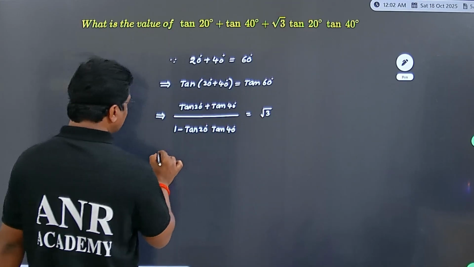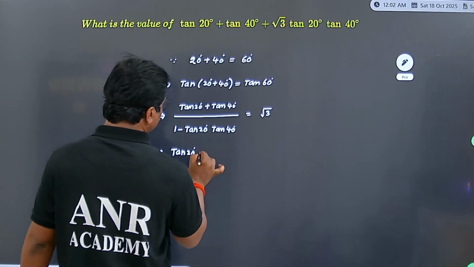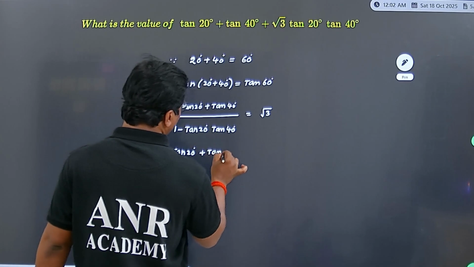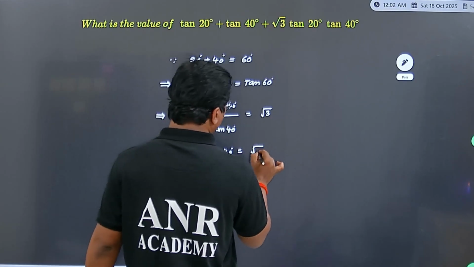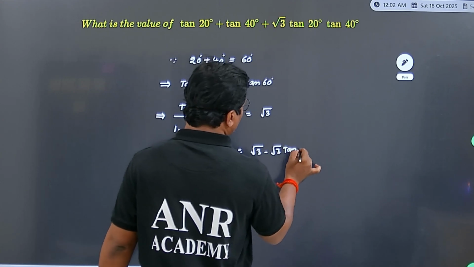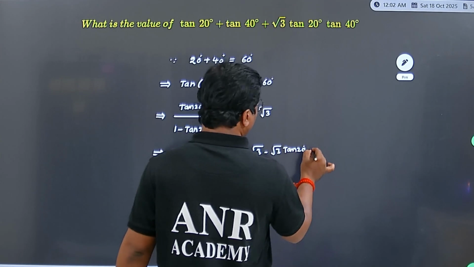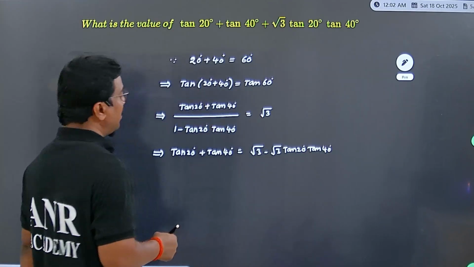On cross multiplication, tan of 20 degrees plus tan of 40 degrees becomes root 3 minus root 3 into tan 20 degrees into tan 40 degrees.